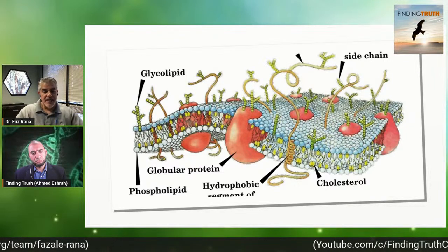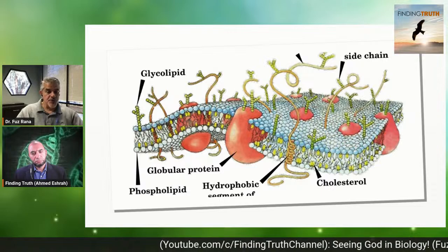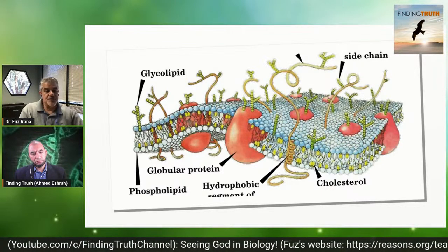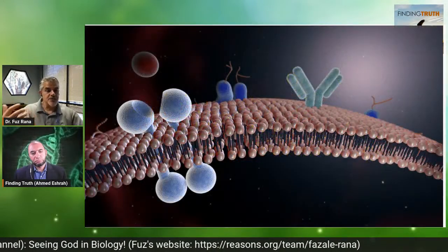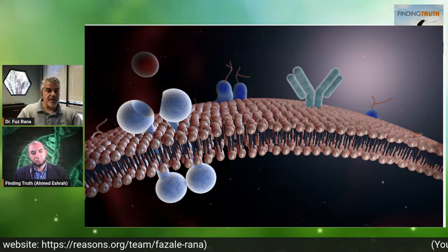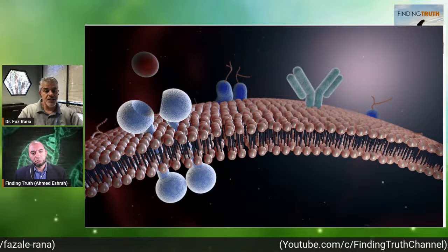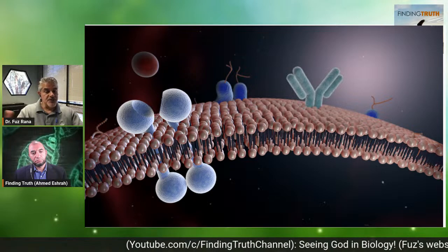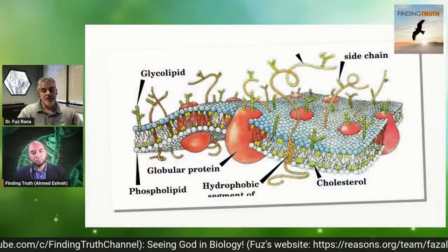And then embedded in the cell membrane are proteins. Those proteins can be embedded in the membrane, or they can be associated with the surface, either the outer or the inner monolayer surfaces, as peripheral proteins. And it's the different types of proteins that give membranes their different functional characteristics, and are responsible for the different roles that cell membranes play.